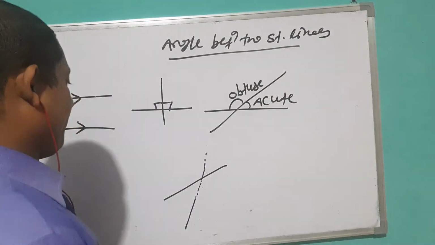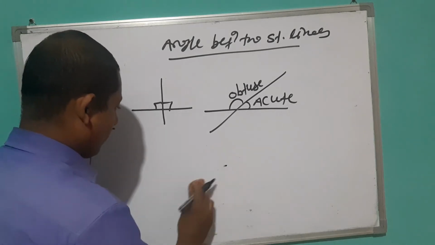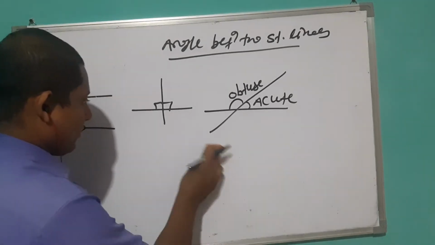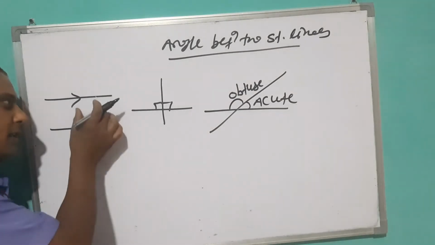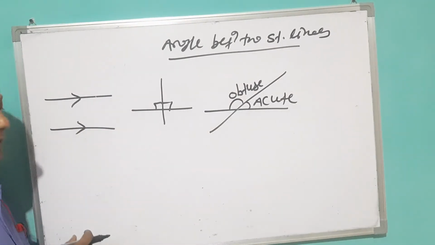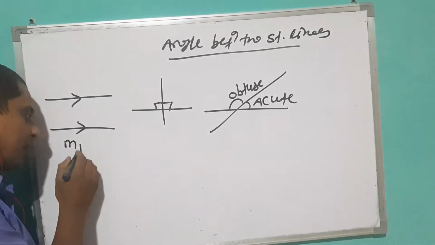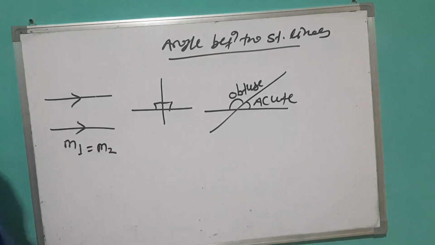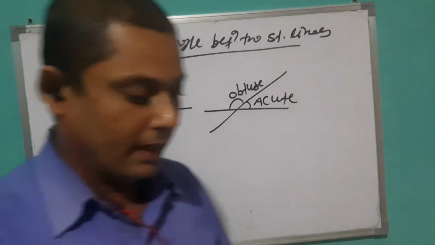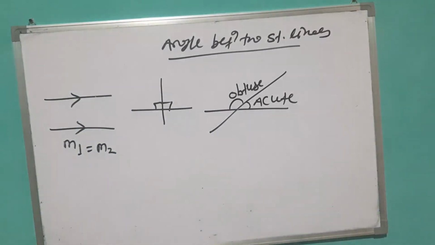Okay. Now, see next. If these two lines are parallel, then their slopes are equal: M1 is equal to M2. M1 is the slope of one line and M2 is the slope of the other line.